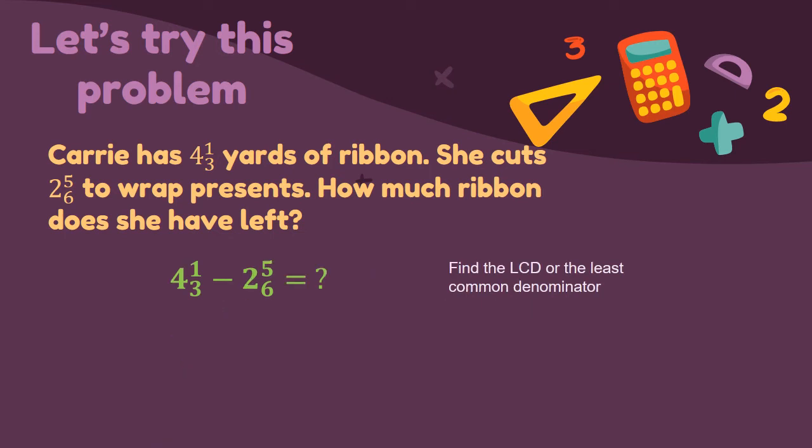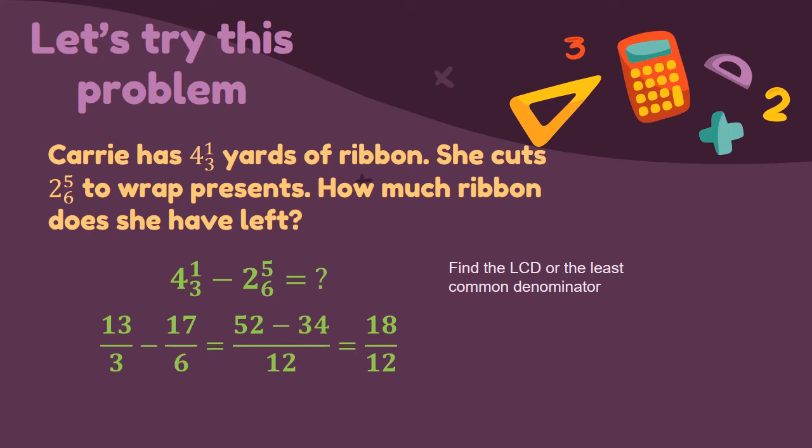So divide the LCD to the denominator and multiply it to the numerator. So 12 divided by 3 is 4, times 13, we have 52.